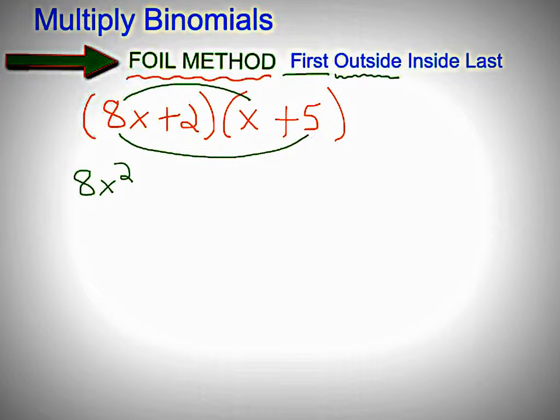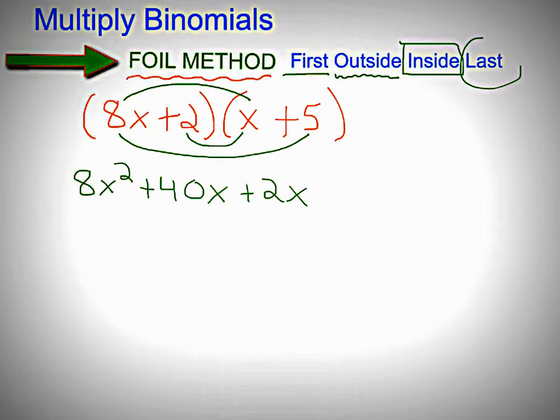8x and 5 are the two on the outside, and 8x times 5 is 40x. And then inside, so the two inside terms, 2 and x, 2 times x is 2x. And then last, the last terms in each binomial would be 2 and 5. 2 times 5 is 10.